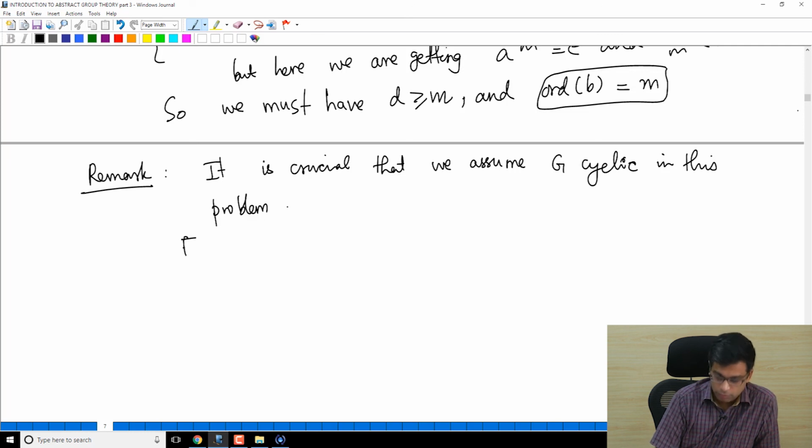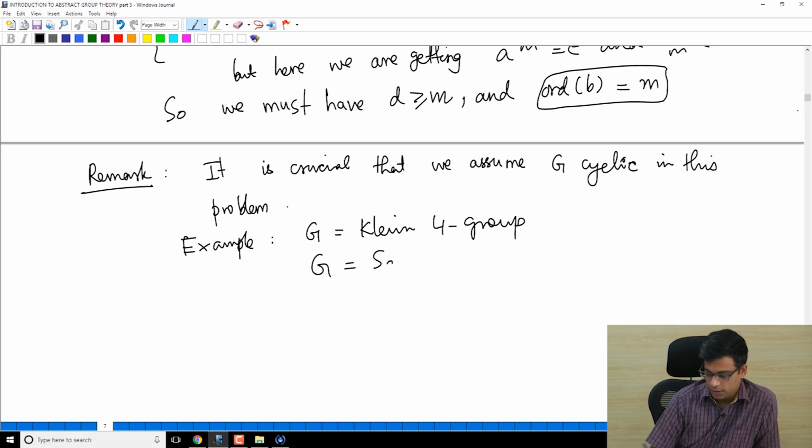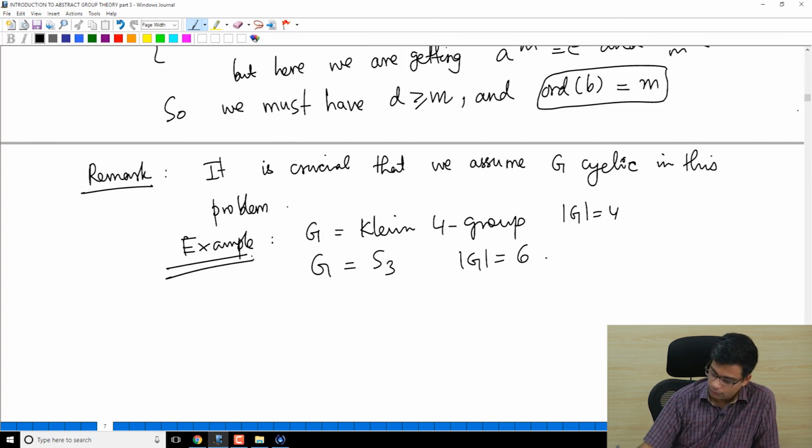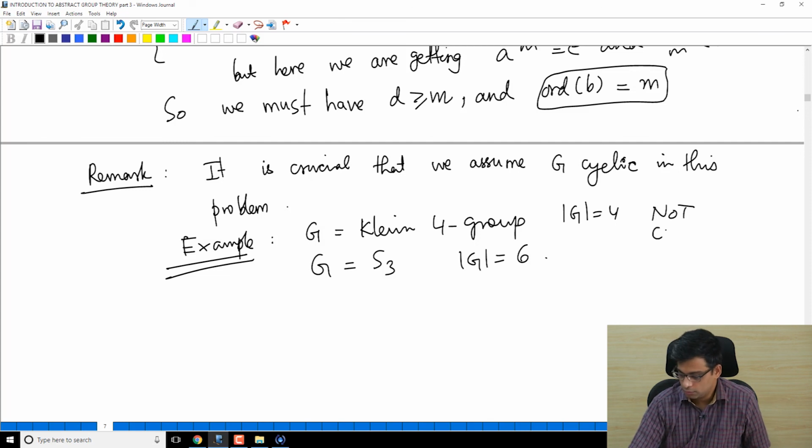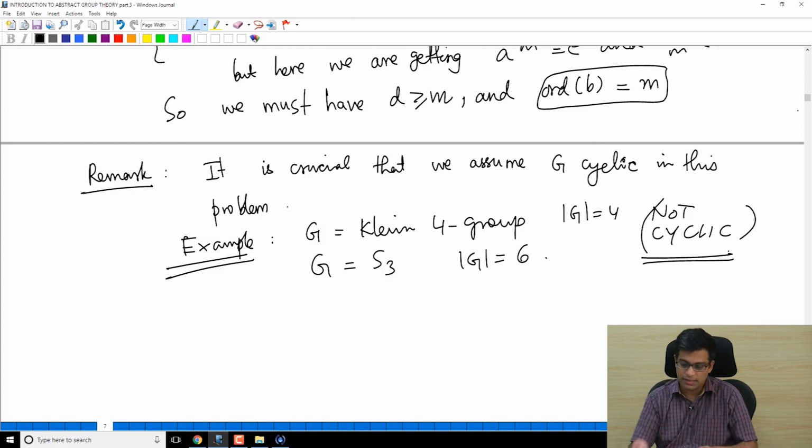For example, take G to be the Klein 4 group, or G is S3. These have order 4 and order 6, but they are not cyclic and they have no elements of order 4 or order 6 respectively.